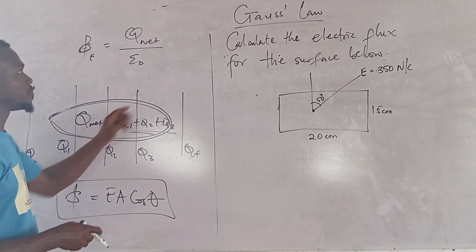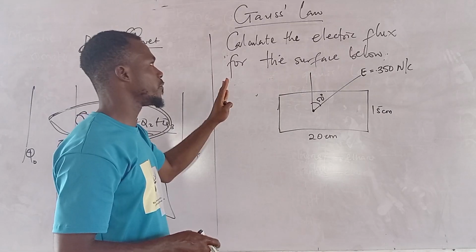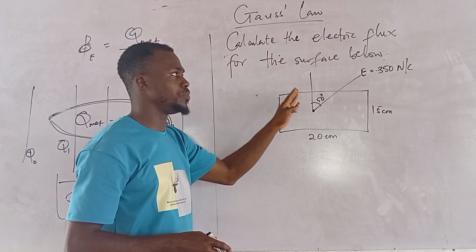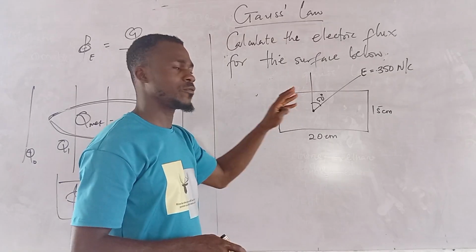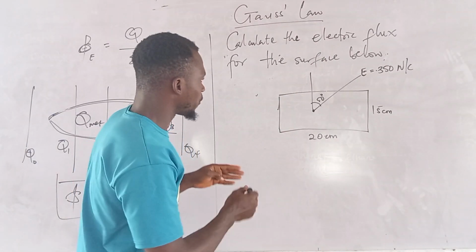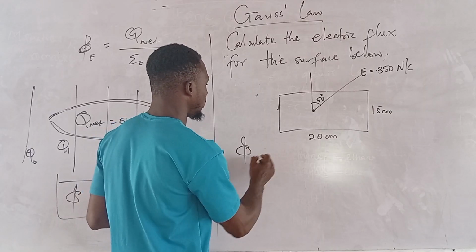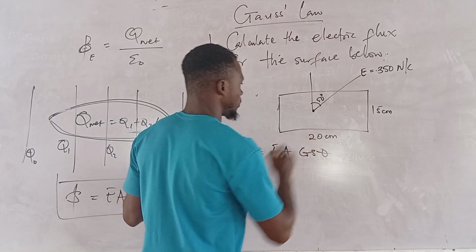Now from the question, we are asked to calculate the electric flux for the surface below. From our formula, the electric flux is equal to EA cos theta.